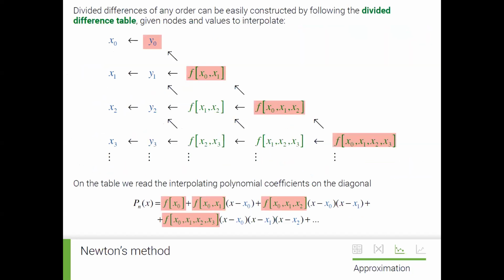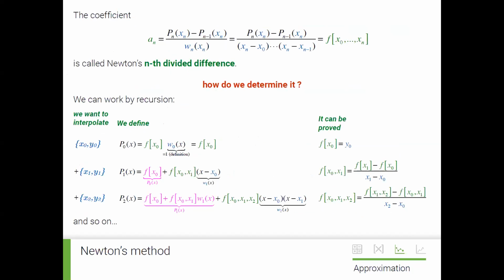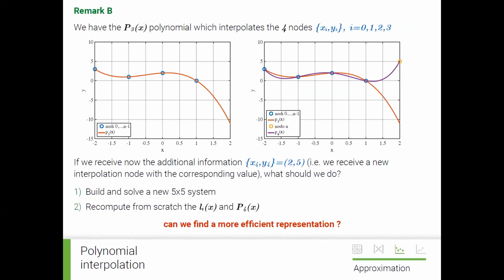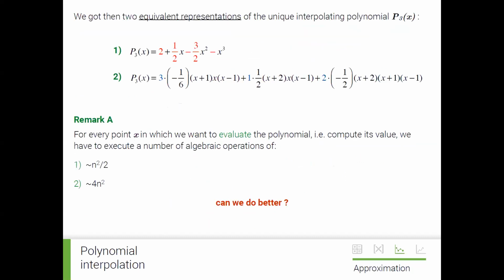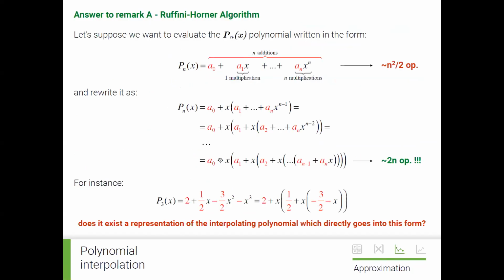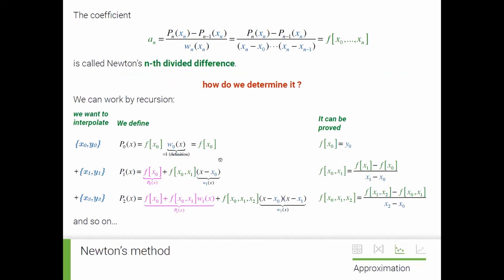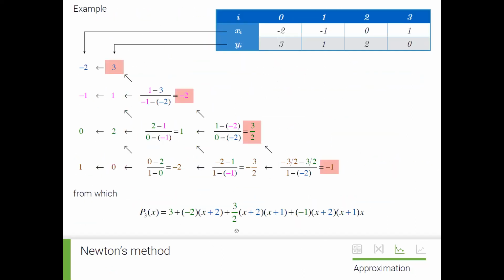Let's compare with the previous answer. You can see there is a difference between the fundamental Lagrange polynomial and the Vandermonde matrix approach. It was this kind of polynomial, here we have this kind of polynomial, and then with Newton's form, we get this polynomial.